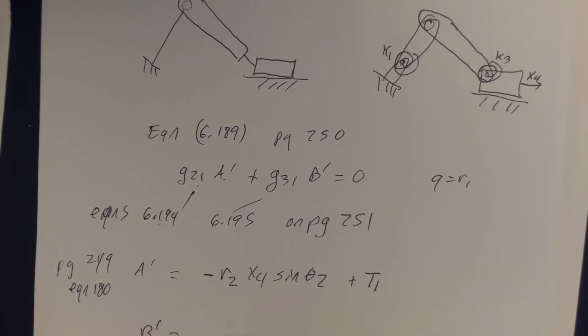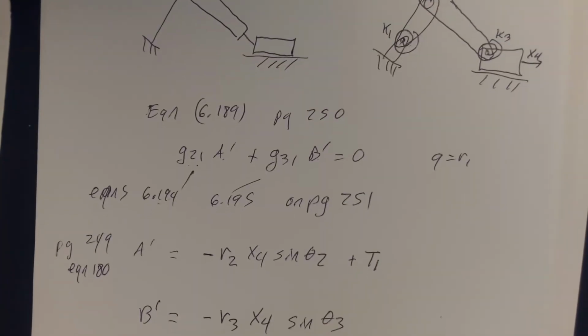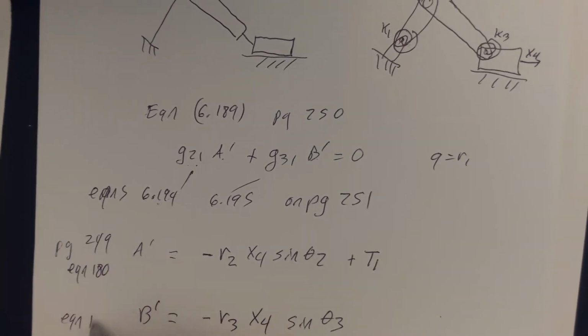For B prime, we don't have an x3, y3. We do have an x4, so we'll have minus r3 x4 sine theta 3. We don't have an x3 and y3, so the next term, next line, for this is equation 181 that I'm using to come up with what the value of B prime is equal to.